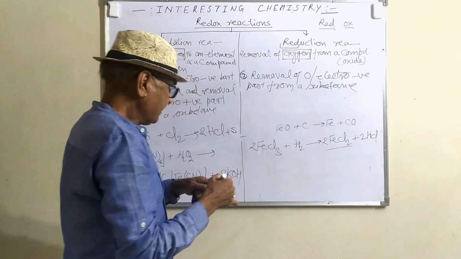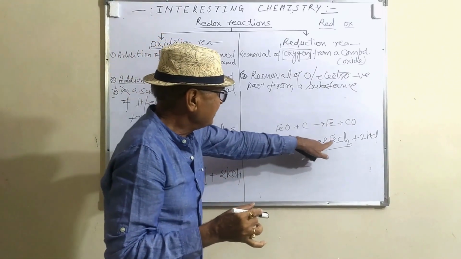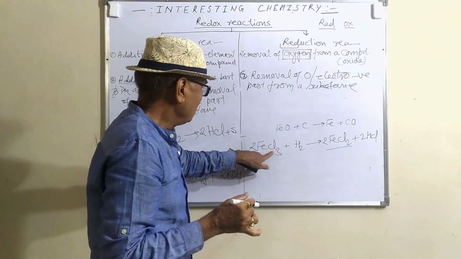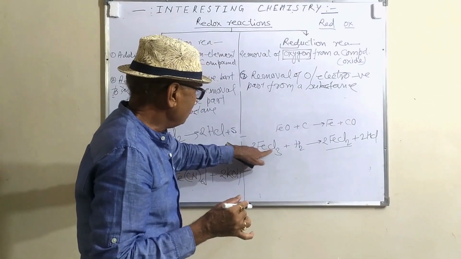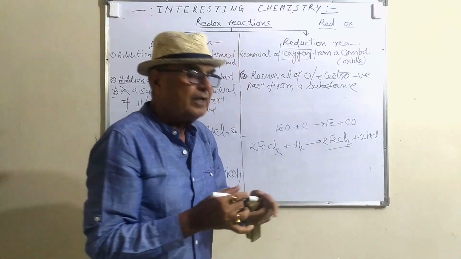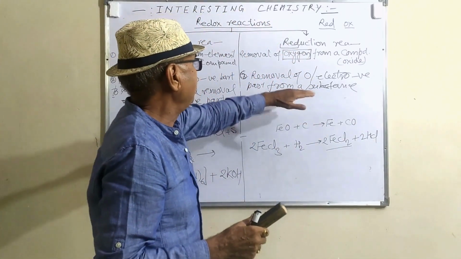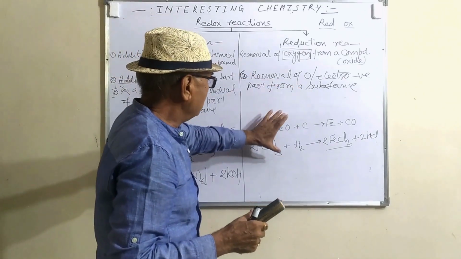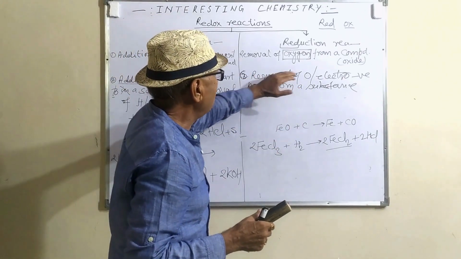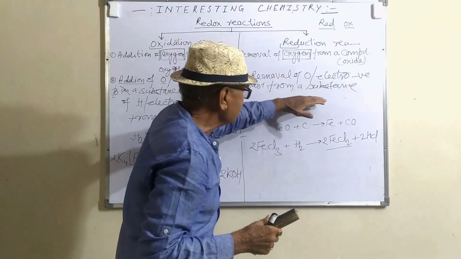Here this is ferric chloride and here it is ferrous chloride. So the removal of the negative part, Cl3 to Cl2, is a reduction reaction. In this way, I have given two examples, removal of oxygen and removal of electronegative part from a substance.